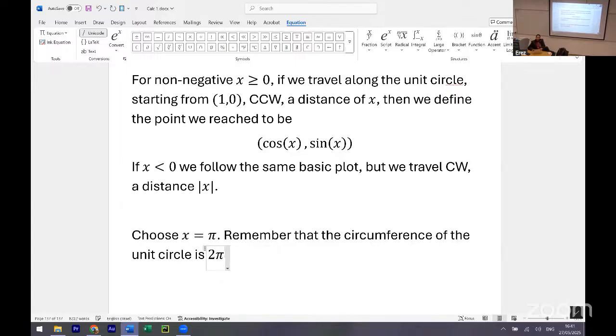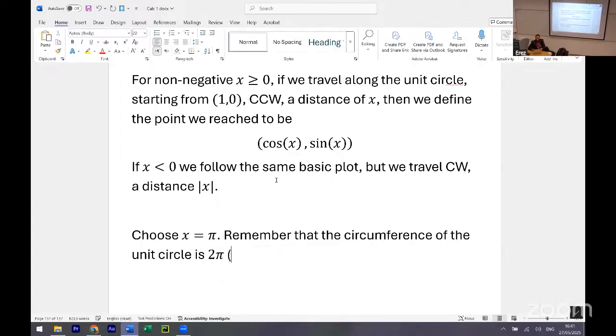Why is it 2 pi, by the way? By definition. We define it, that's a choice. I think Euclid would have defined pi as the area of the circle, and then he would have to prove the circumference is 2 pi, which we need integrals for.